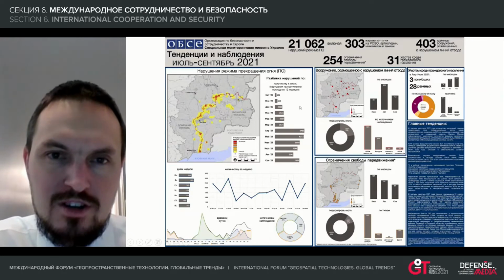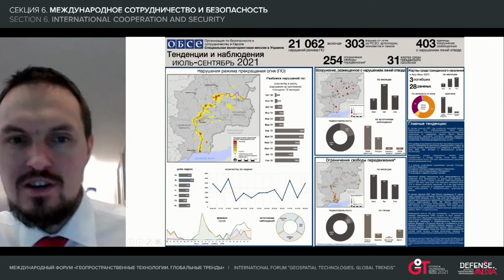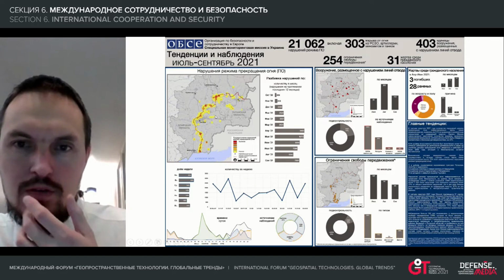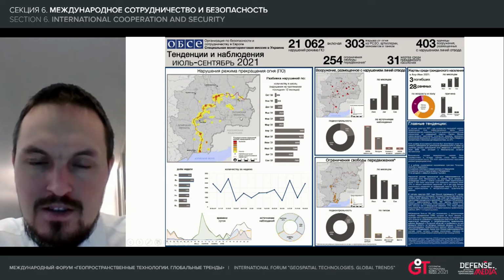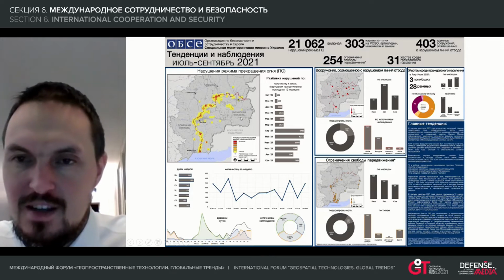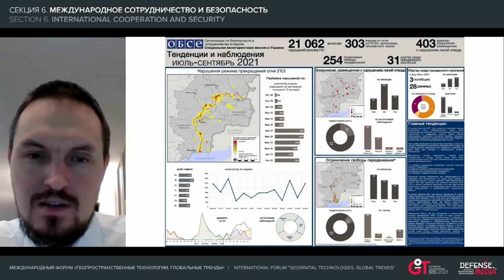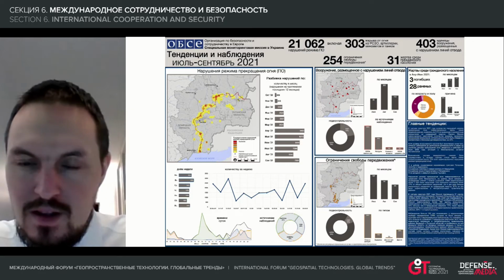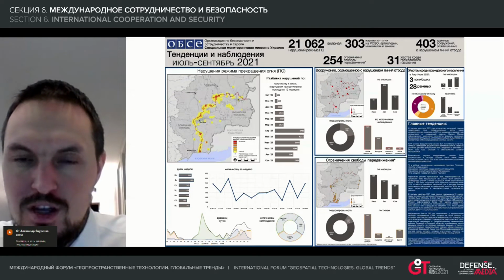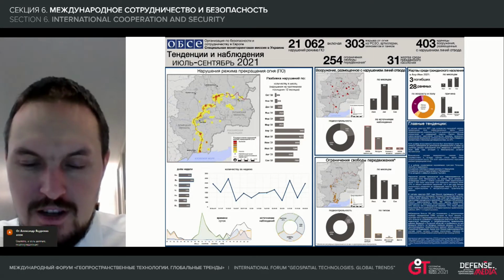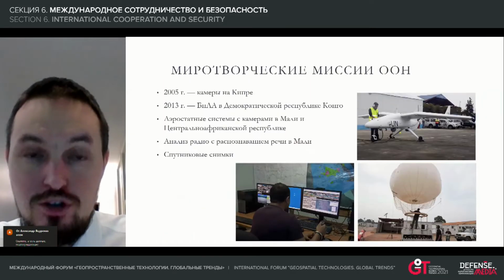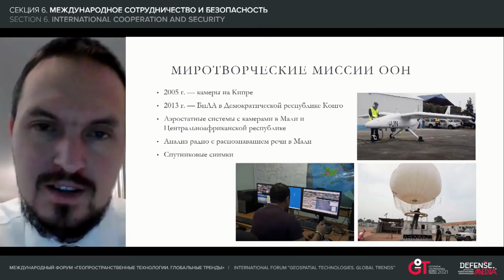You can see here the ceasefire violation example. That's almost a typical map. It doesn't give you precisely the information as to which data is used, but I can tell you that these are data from different platforms, from reports of the participants of the mission, and using different technologies.